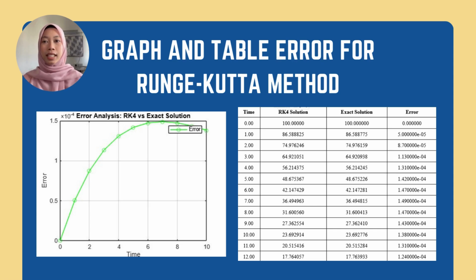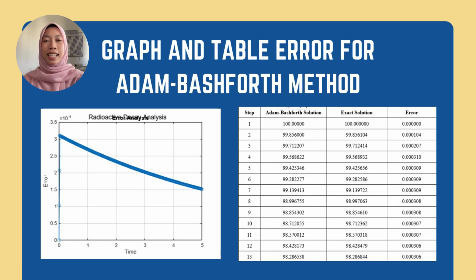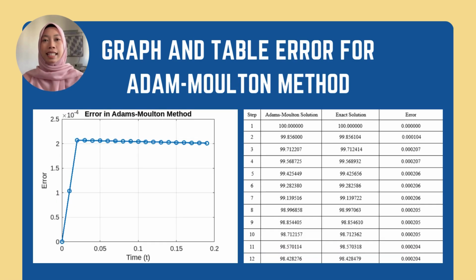From the calculation, the error was analyzed for each method. The error of each method is compared with the exact solution and it is shown in graph and table. So, this is the graph and table for Runge-Kutta method. Next, this is the graph and table for Adams-Bashforth method. And last, the graph and table for Adams-Moulton method.